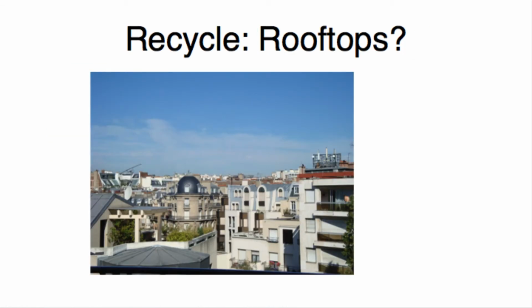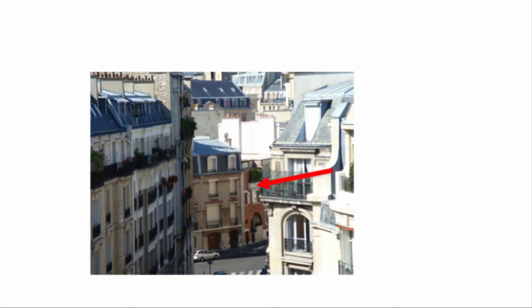Another business concept can be recycled based on the rooftops in Europe. So in Europe, there are a lot of rooftop hangout areas or rooftop decks, just like there are here in Southern California. Now, in order to protect their privacy, they have very specialized blinds called European blinds that pull down to cover the entire window.